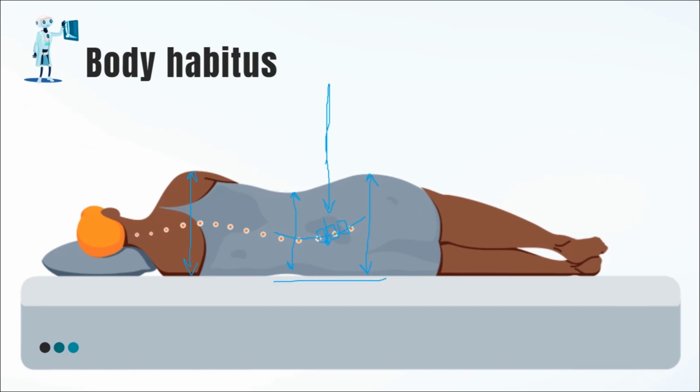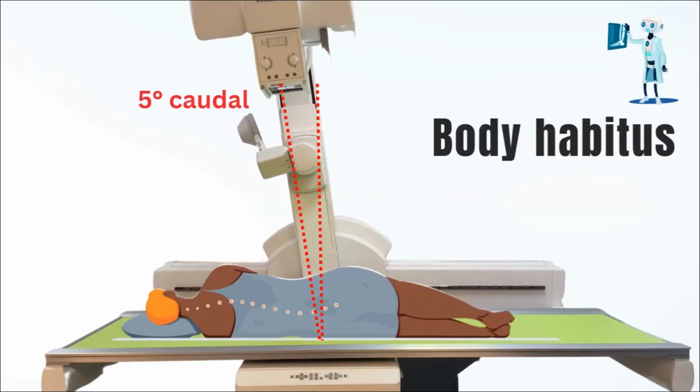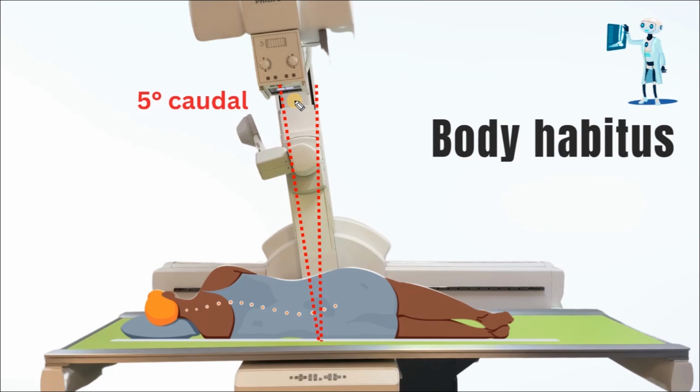So you don't have a proper lateral X-ray. To resolve this issue, I personally suggest to have a 5-degree angle of the central ray. This will give you the best result in case you do the lateral while the patient is lying on the table.